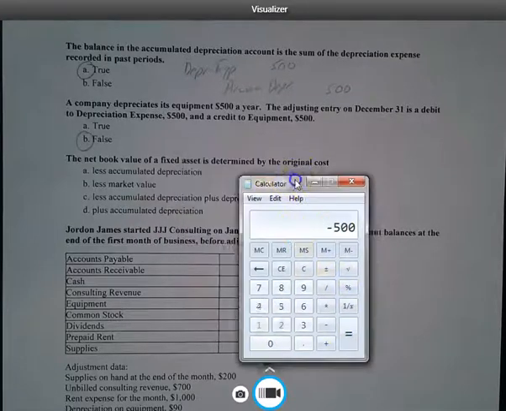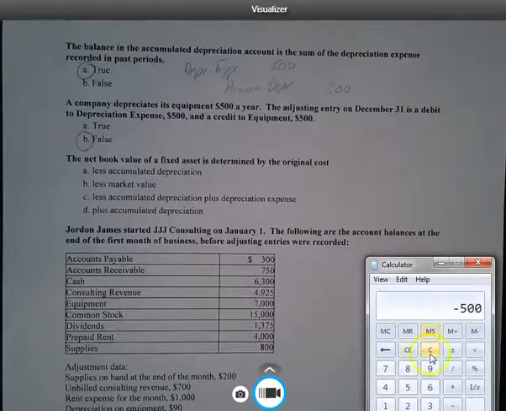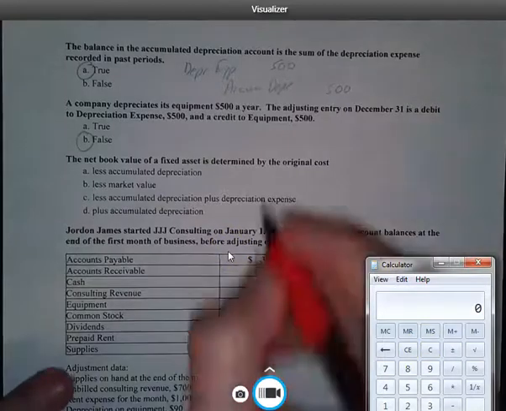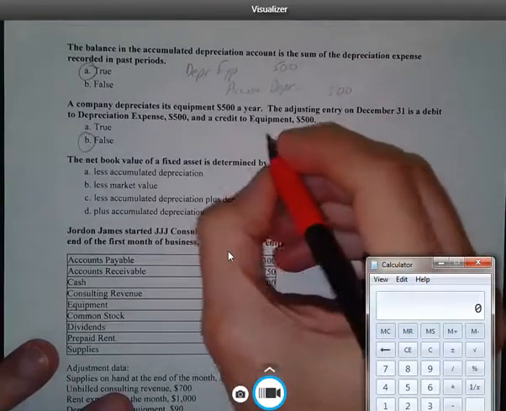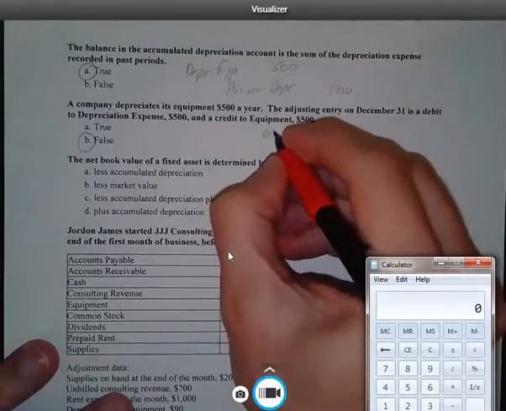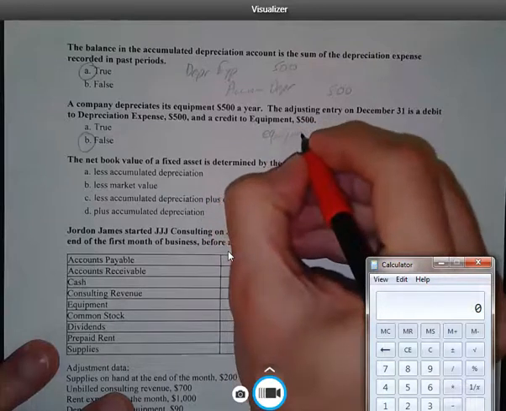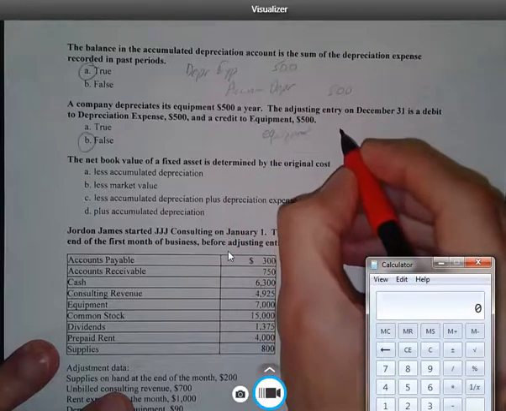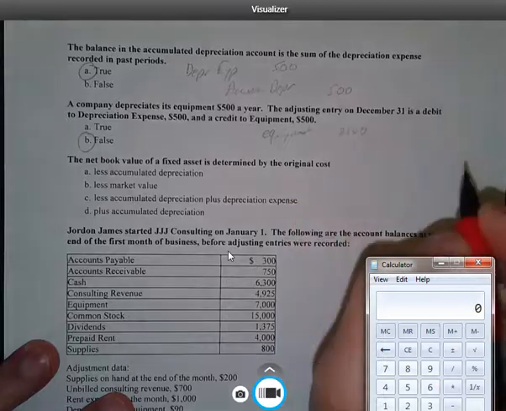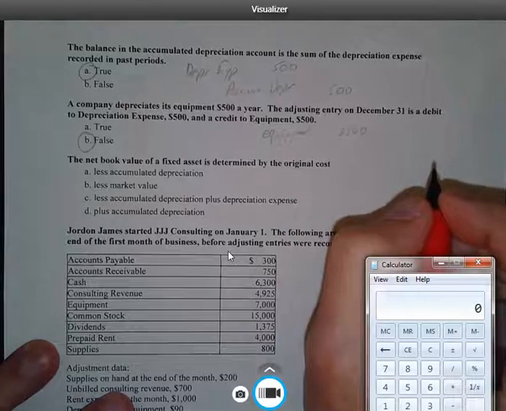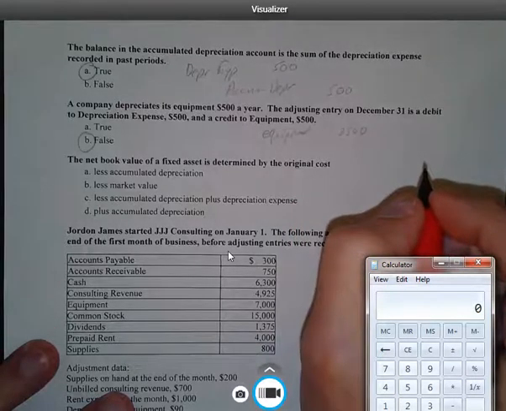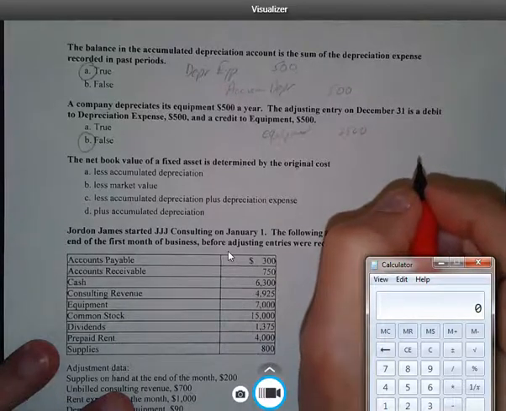And then the net asset value, or the net equipment value, will be $2,000. What we're going to show on our balance sheet, for example, is the equipment, $2,500. And let's just say that we've never depreciated this equipment before, and so this is the first time that we have depreciated it.